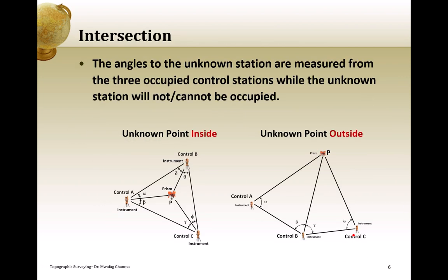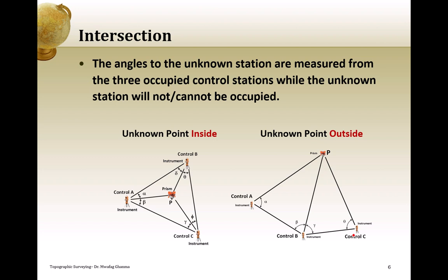So let's start with the introduction of intersection. We said that we do not occupy the unknown station, but we will occupy only the control points and do the measurements, which are the angle measurements from the control points to this unknown point. We usually have 2 situations.